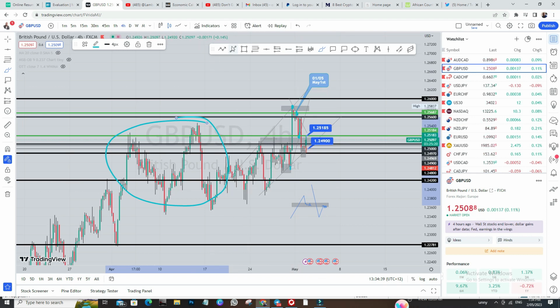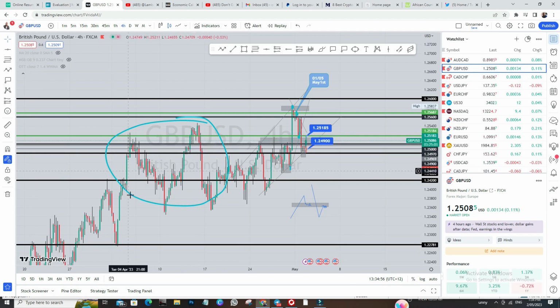Let me make this line thicker so you can see clearly what I mean. After this consolidation, the overall trend is bullish anyway.